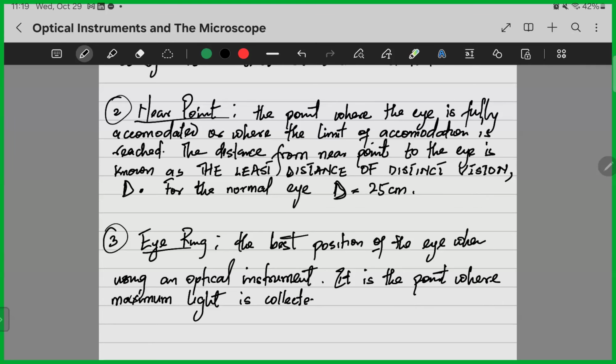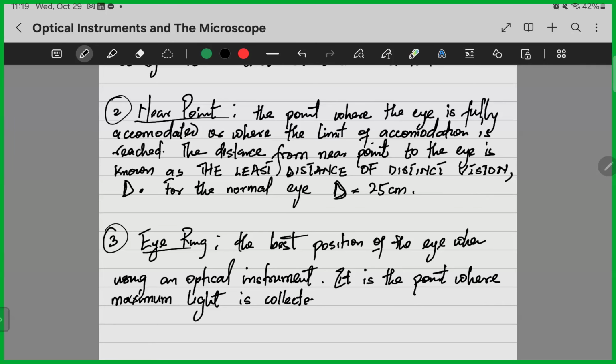The objective has two converging lenses of short focal length with the object between F and 2F, that is the focal length of the objective lens. Keep this in mind, just take note of it.